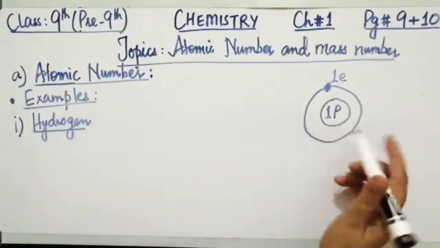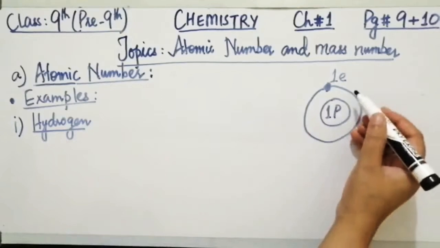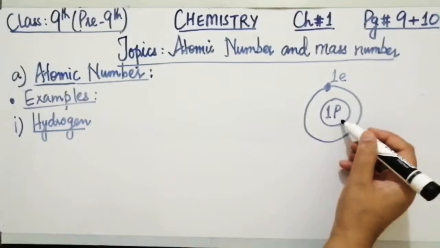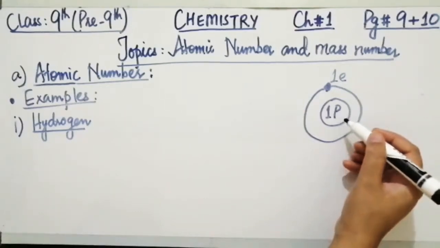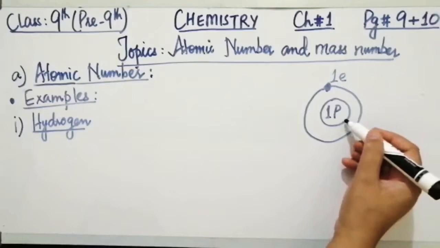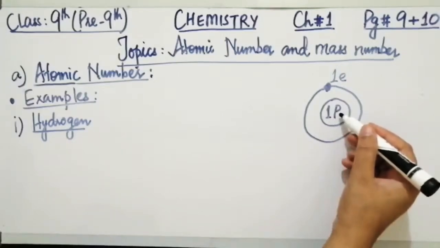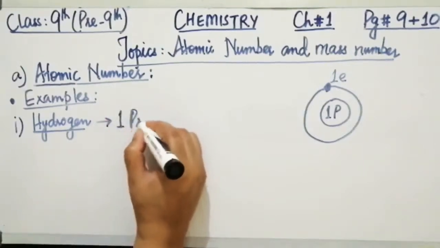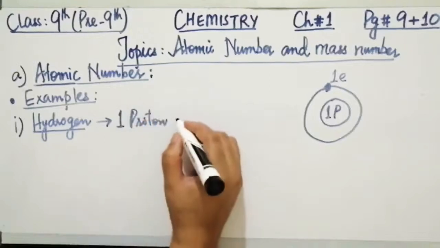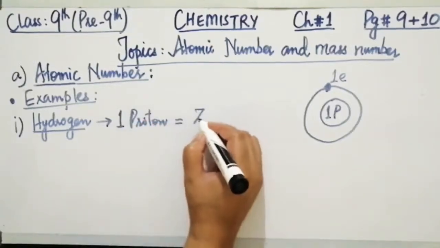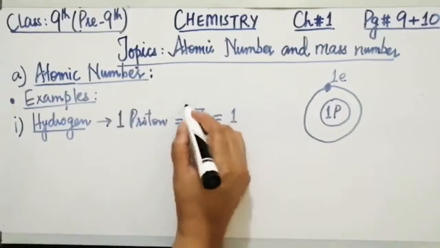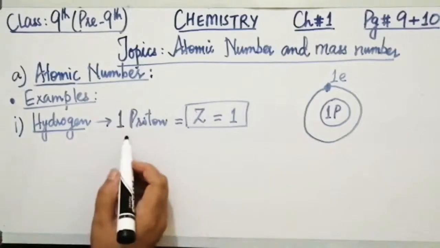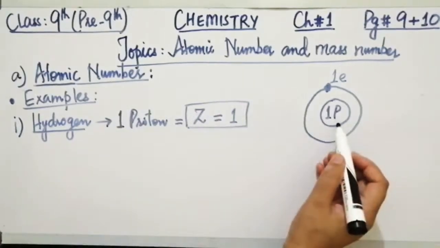It is the number of protons, not any other subatomic particle like electron and neutron. You only have to concentrate on the number of protons. So how many protons are in this atomic structure of hydrogen? Only one proton, which indicates that if hydrogen has one proton in its nucleus, then its atomic number Z is also 1. So what is the atomic number of hydrogen? It is 1. Why is it 1? Because it has one proton in its nucleus.